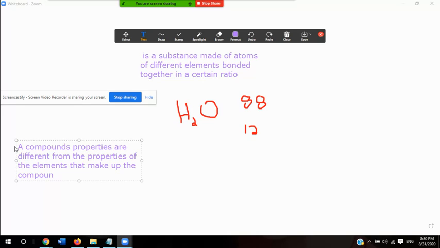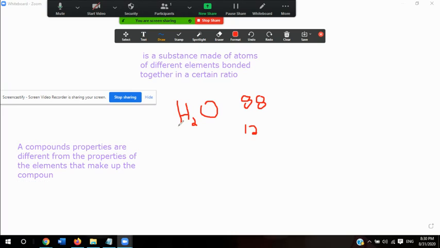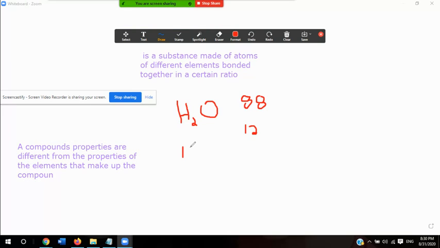Yep. So going back to water real quick. We know that water is H2O, right? And water is always going to be in a specific ratio. If we look at water as a compound, you have two hydrogen and one oxygen.